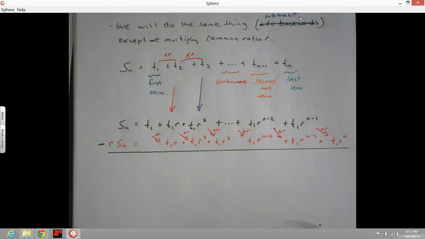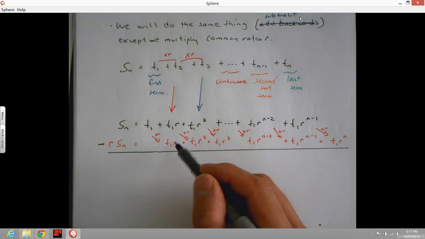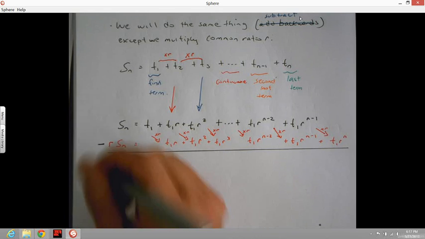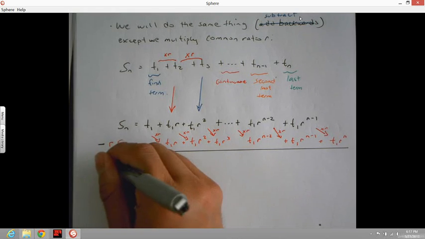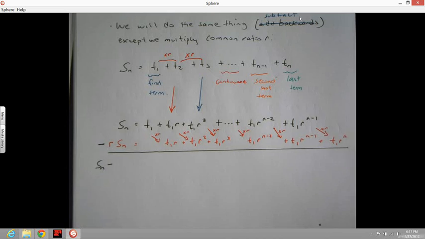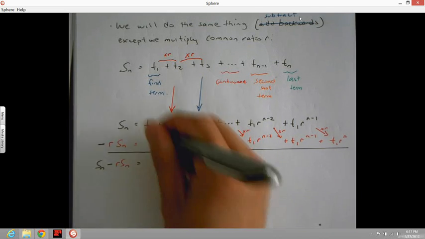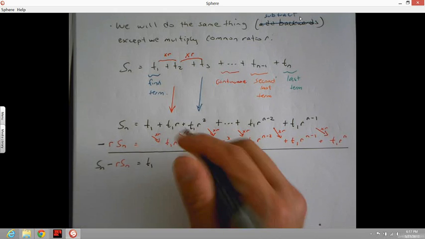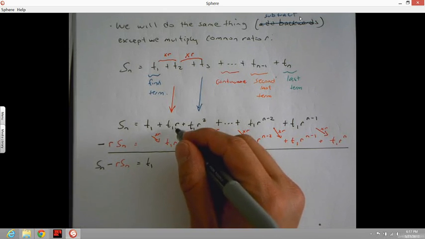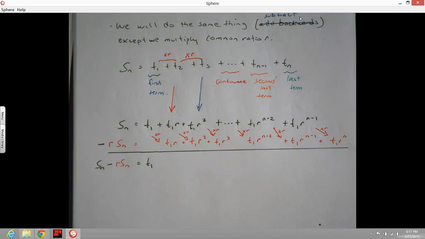Because watch what happens when I subtract the bottom row from the top row. Well, first of all, this bottom part is going to end up being Sn minus rSn. Okay? And it's going to equal, okay, T1 minus 0 is just T1. But you see what happens to these guys? T1r minus T1r, they are just gone.